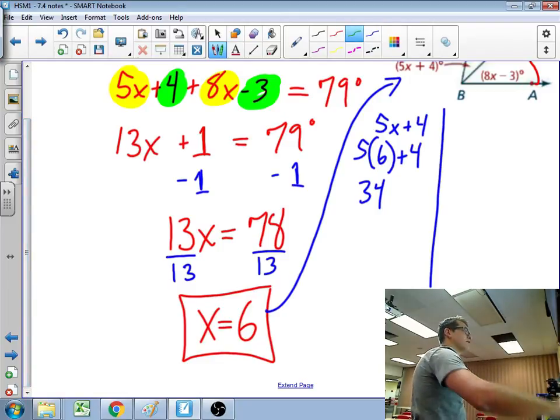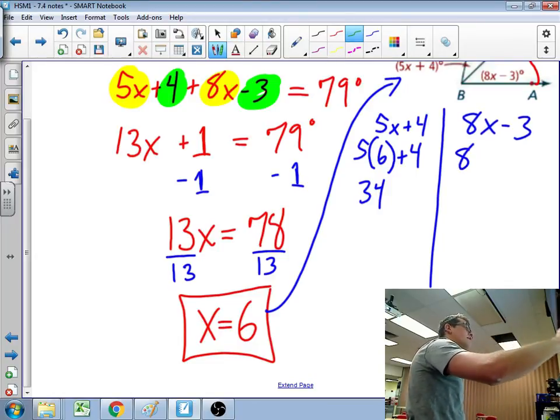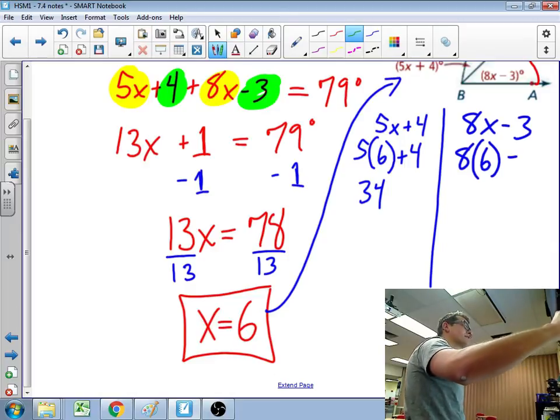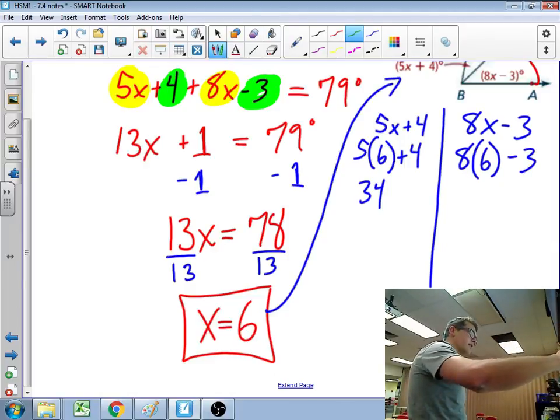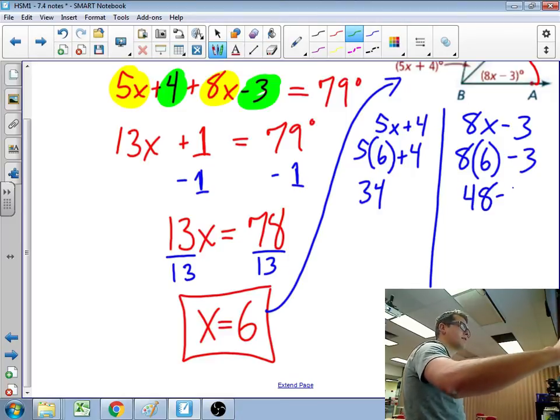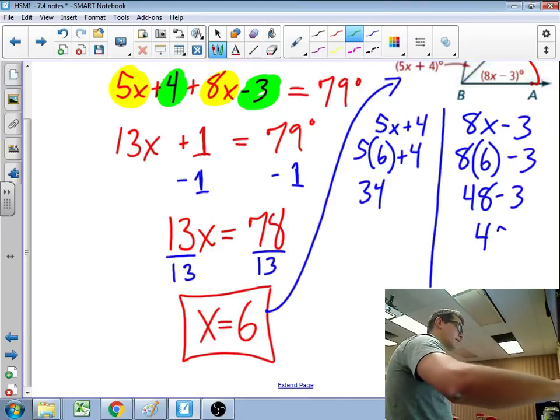If we're going to solve our bigger angle here, do 8x minus 3, but really we replace x with 6. 8 times 6 is 48. Then minus 3 is 45.